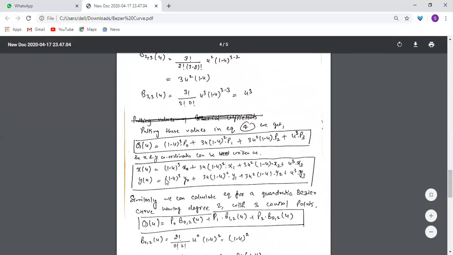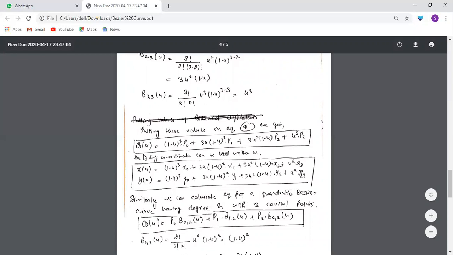So we'll get 1 minus u whole cube p0 plus 3u times 1 minus u whole square p1 plus 3u square times 1 minus u p2 plus u cube p3. Since we have to calculate the x and y coordinates, let's suppose p0, the first control point, is 1 comma 1. So x0 would be 1 and y0 would be 1.